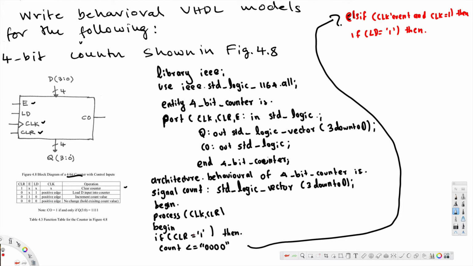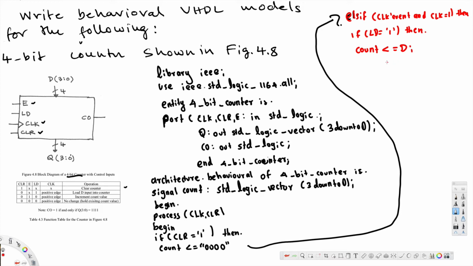But if the clear is not equal to 1, it goes to the next one, else if. If the load is equal to 1, then load D input into counter. So the D will go to the counter. Count will get the input of D.